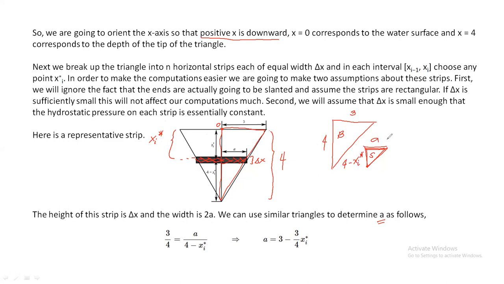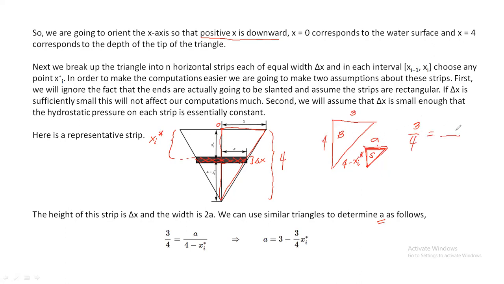Now, if you want an equation that relates a to x sub i, the location of this horizontal strip in our triangular plate, it would be by means of similar triangles. So 3 is to 4 equals a is to 4 minus x sub i asterisk.